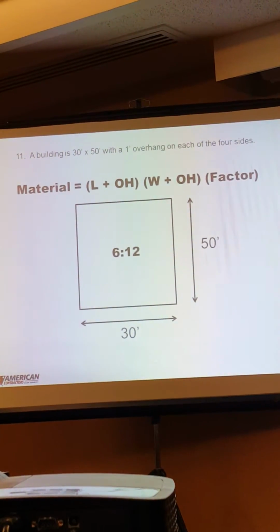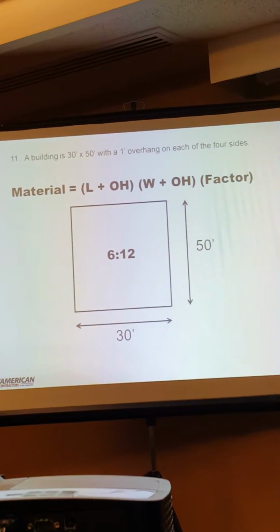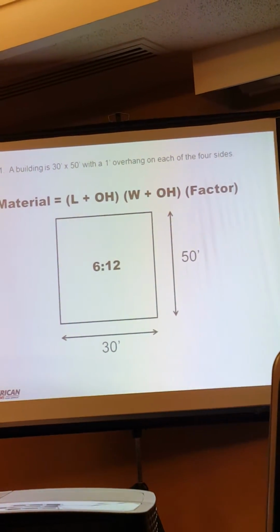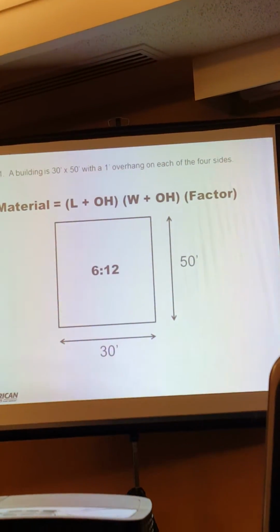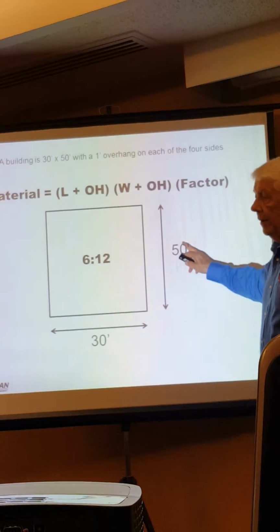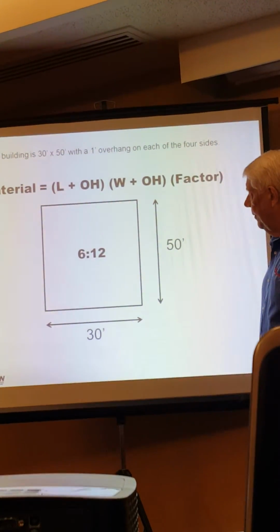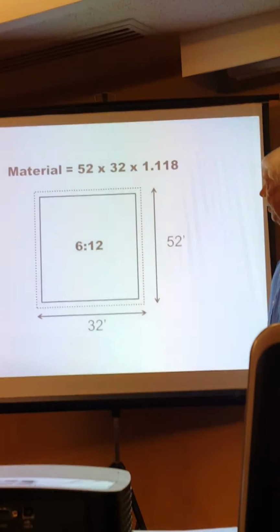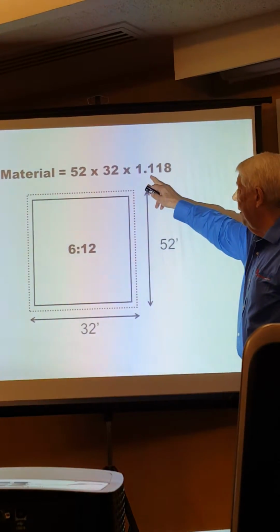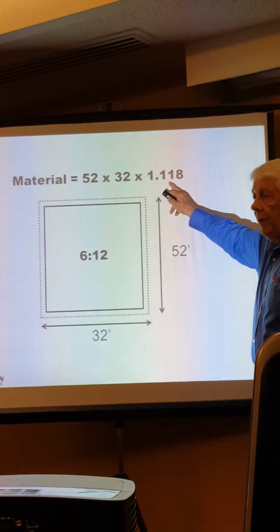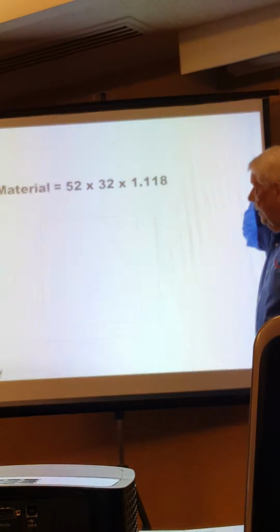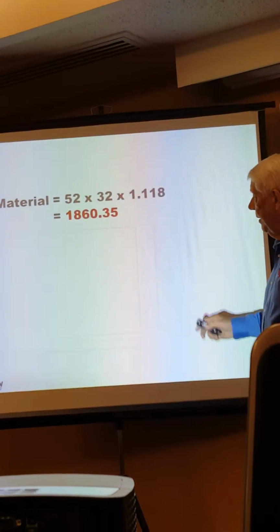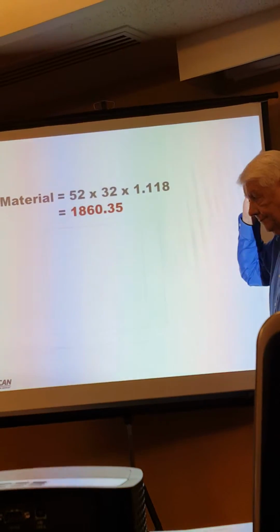So how many square feet would this be? The 30 and the 50 would become what? 32 by 52. All right. So we multiply that by the factor of 6-12, 1.118, giving 1,862, or 1,860 square feet.